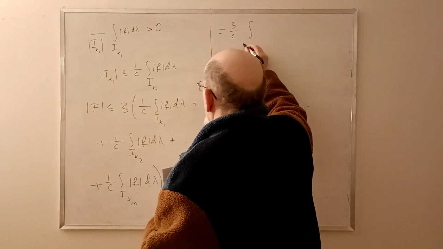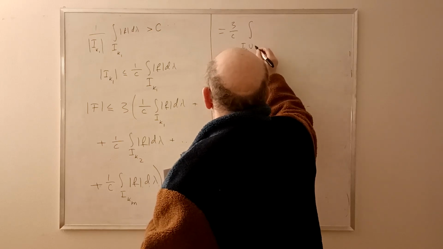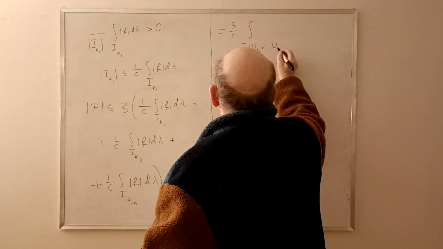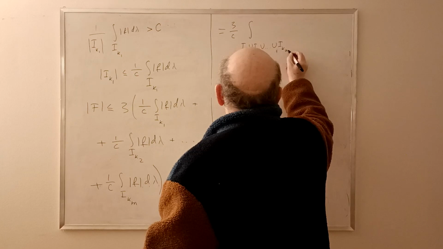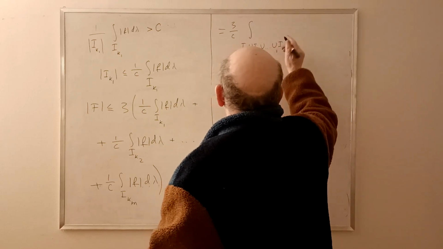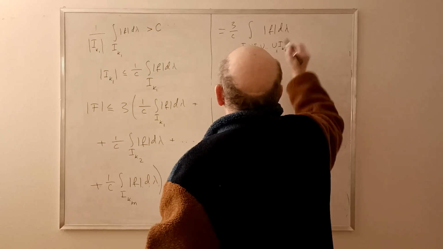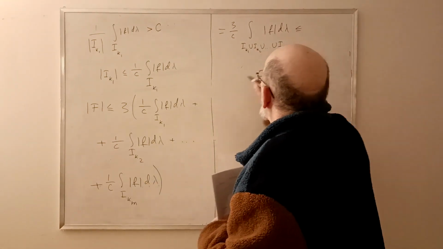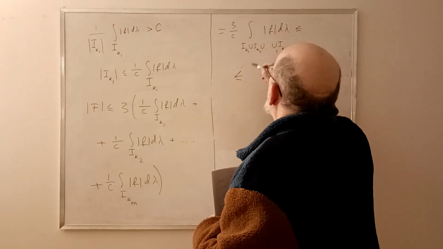So over I_k1 union I_k2 union and so on union I_km. It is a domain of integration modulus f d lambda. And at last it is less or equal. Here this is a non-negative function.